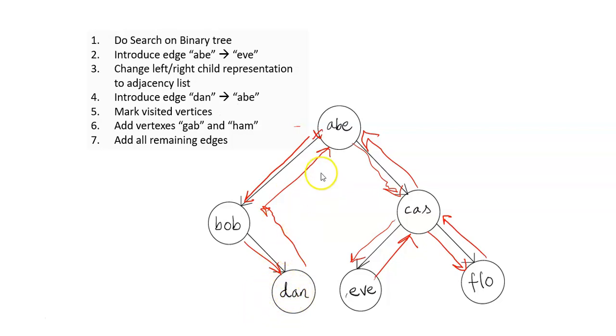For instance, the first thing that's going to be printed is Dan, because at this point we have to start backtracking. Then we will print out Bob, and then we will go to Abe but not print it out, since we still have nodes to process before we finally come back to Abe. So we will go to Cass, Eve, print out Eve because we have to return. Go to Flow, print out Flow, and then we can print out Cass and then Abe.